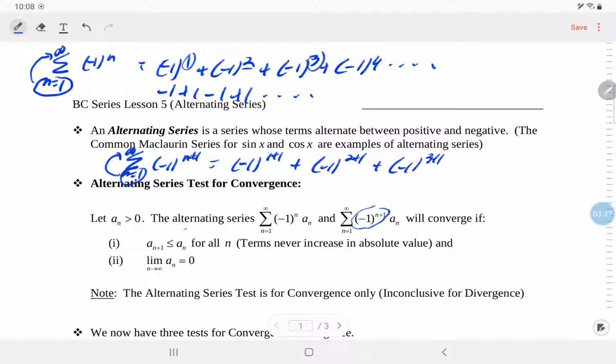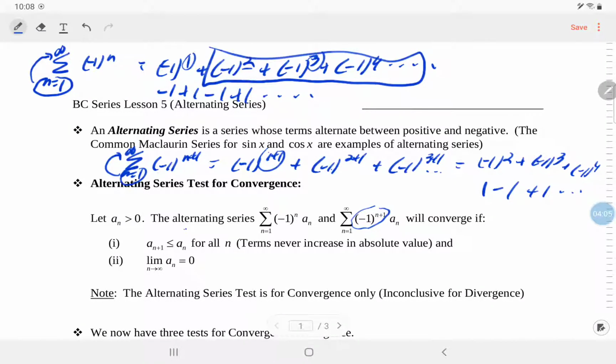And basically what happens is I get this, dot, dot, dot here. So I get negative 1 squared, which is positive 1, plus negative 1 cubed, which is negative 1, and then negative 1 to the 4th, which is going to be positive again, dot, dot, dot. So really all it does, by putting the n plus 1 on it like this, is start it here and blow off that first term, that first negative 1.